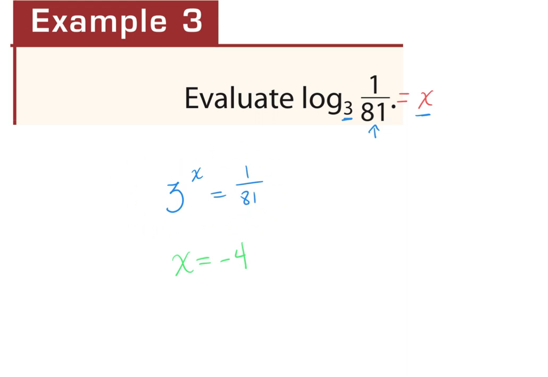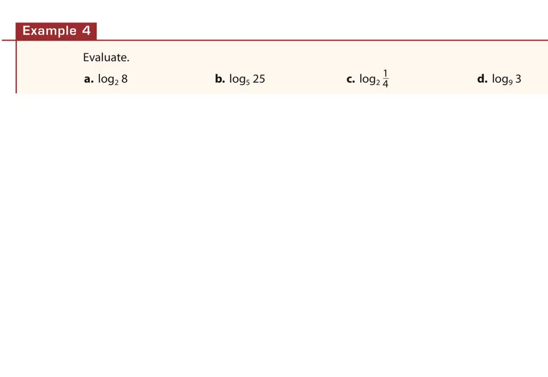The other thing you can think of is that I may be able to rewrite it to the same base. 3 to the x equals, and rewrite this with a base of 3. That's 3 to the -4. If my bases are equal, then my exponents must be equal. So when you do it this way, you can also just drop down and say x must equal -4. Any questions on that?